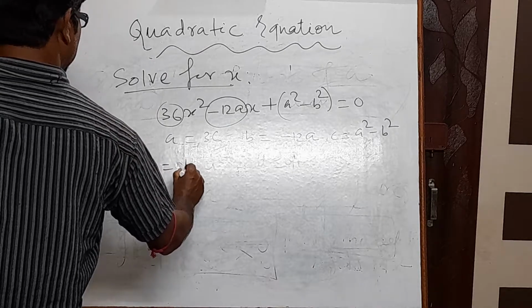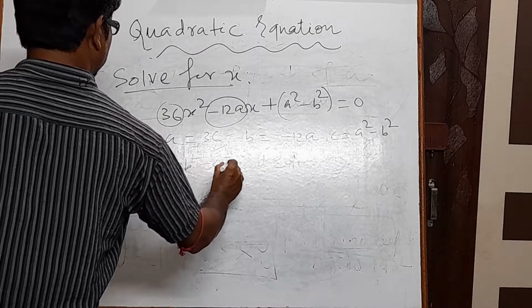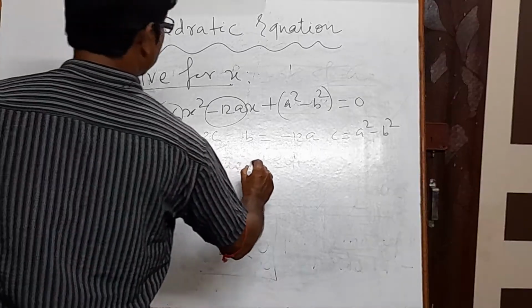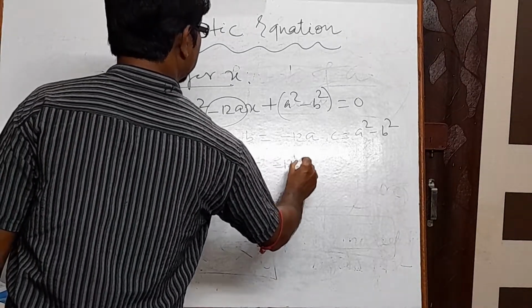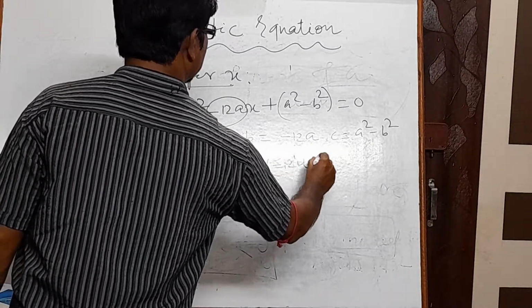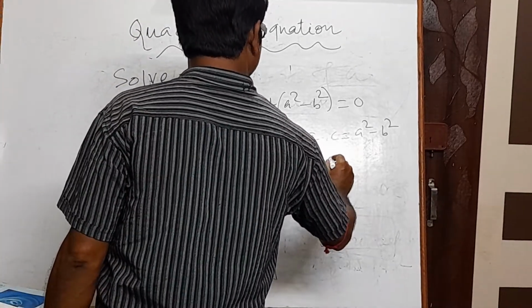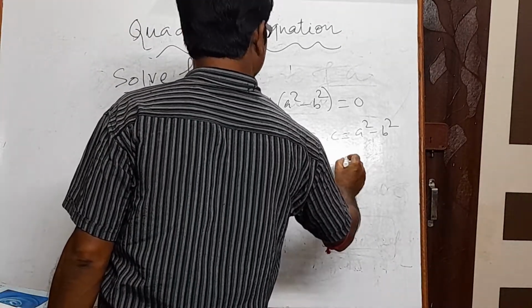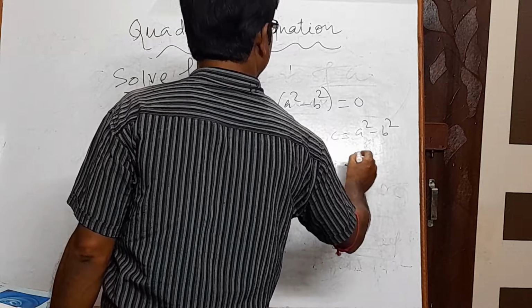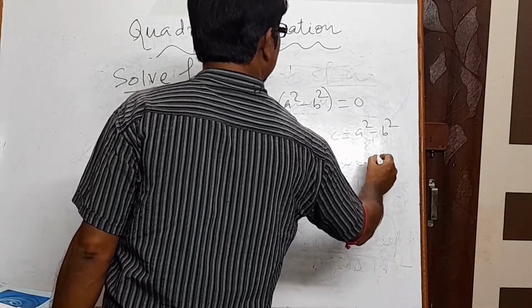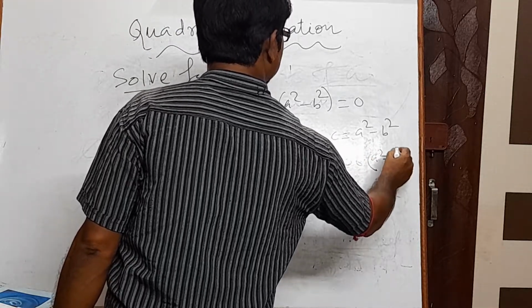D means b square minus 4ac. So b square means minus 12a whole square, minus 4 into a, that is 36, into c, that is a square minus b square.